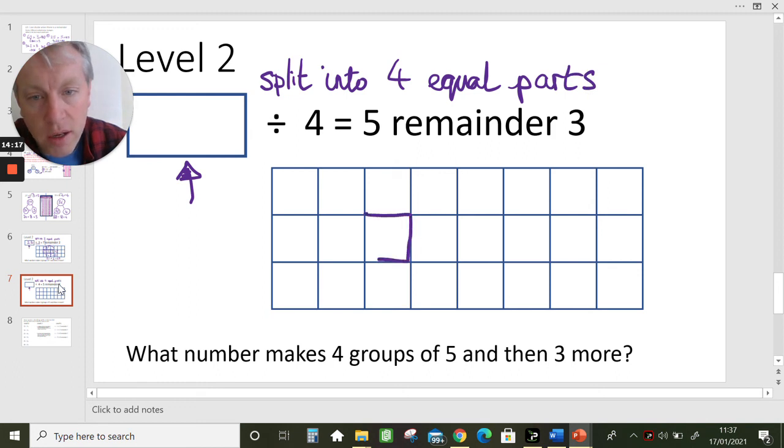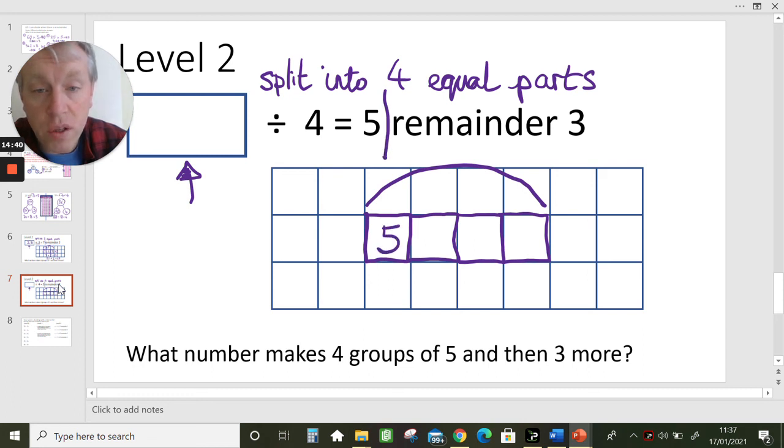1 part. I'm trying to use the squares to show that each of the parts is the same size. 2, 3, 4. Okay. And each of those parts is worth 5. 4 groups of 5.